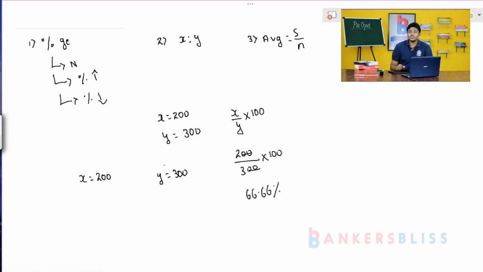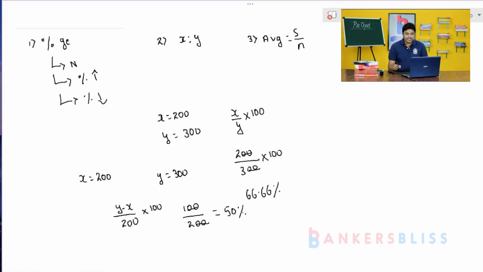The denominator you have to take is x, that is 200, and in the numerator y minus x, into 100, because 100 is more. So with respect to x, that is 200, if you simplify you get 1 by 2, which is nothing but 50%. So this is how much percent more.